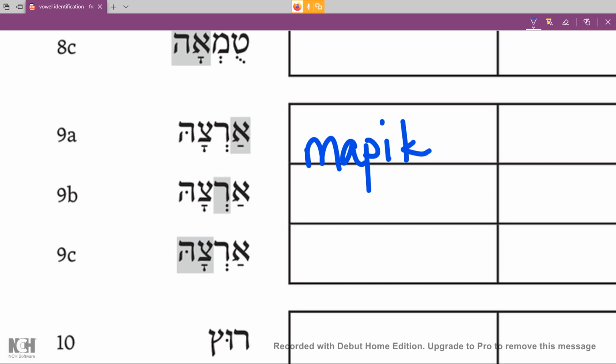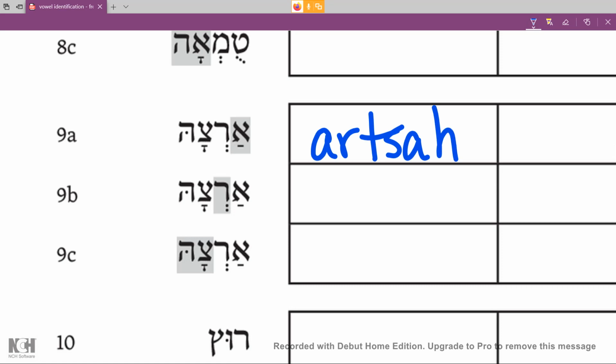Mapik means that this is not a vowel letter. It's a real H. It's not the kamets. This is artsa. It means her land. The a means her.